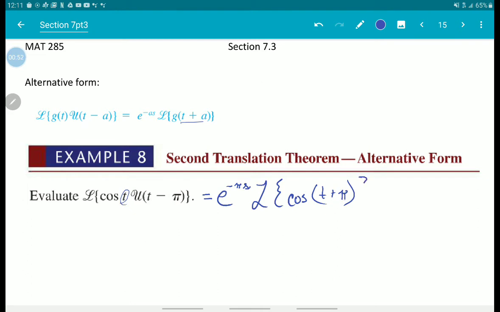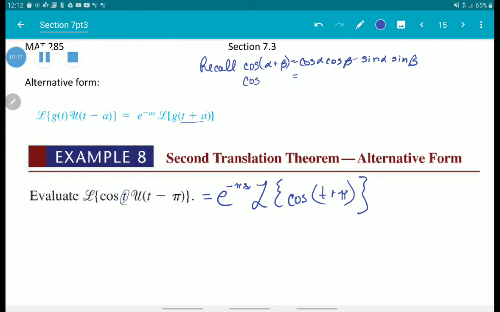Now we're going to have to simplify that. So that's going to go back to your sum and difference formulas from 172. So going back to that calc cheat sheet, we know cosine of alpha plus beta is equal to cosine of alpha cosine of beta minus sine of alpha sine of beta. So let's plug in what we know.